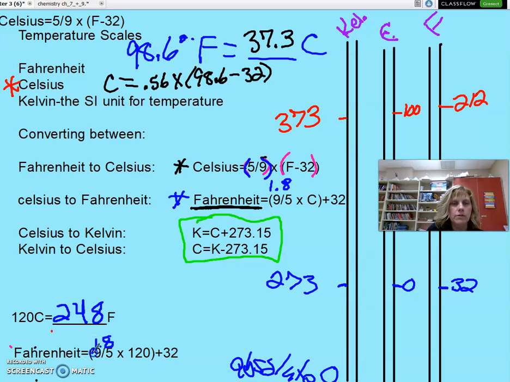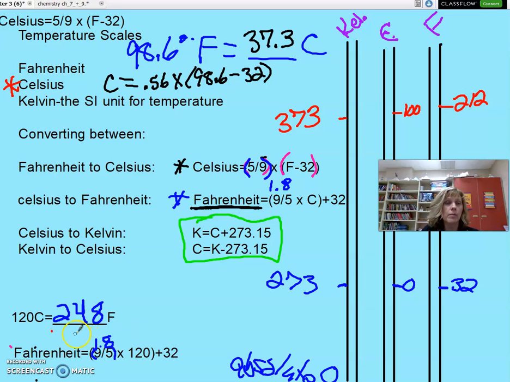If you use the 9/5, you really need to put another set of parentheses around it to know that it is treated separately. So I would do parentheses 9/5 parentheses times 120, and then add 32 at the end. I ended up with 248 degrees Fahrenheit, and I want to make sure that seems reasonable.